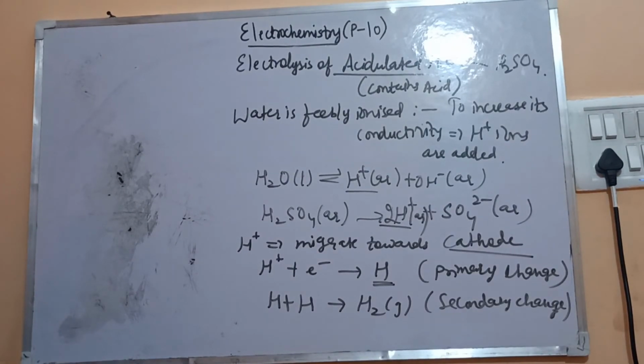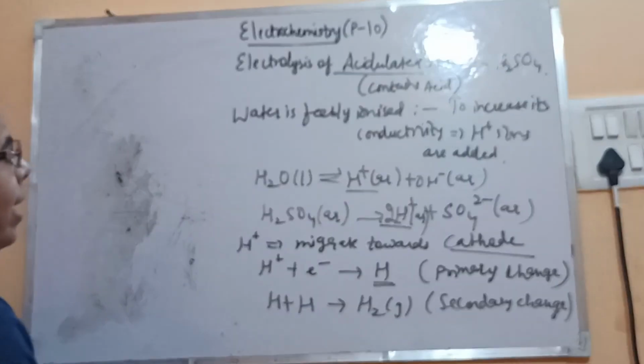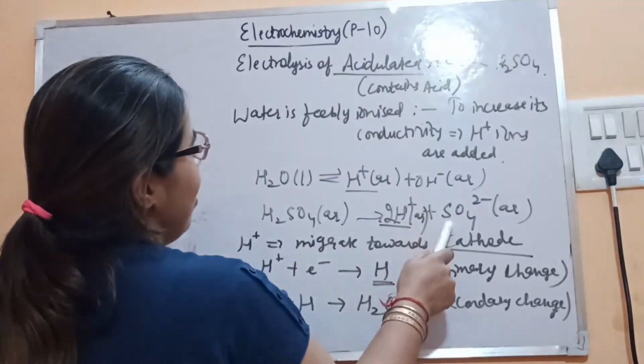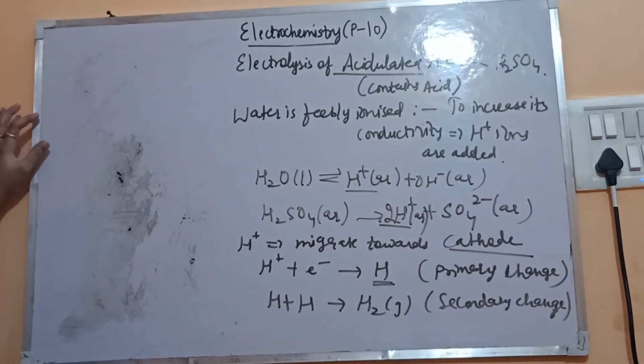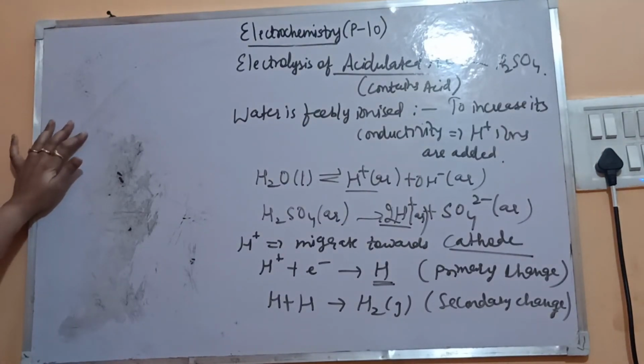Fine. Now in the second case, we have a competition between the two ions, because for the cathode no competition was there because H plus ions were only present. Now for the anode, we are having the competition between OH minus ion and sulfate ions, so which will go at the anode? So here you can say for anode what is required?